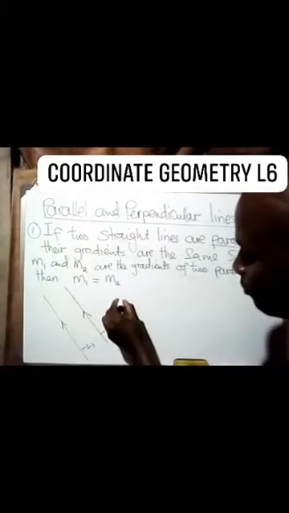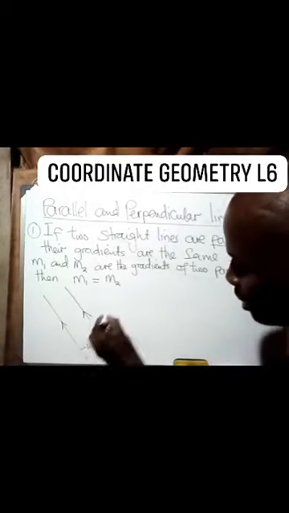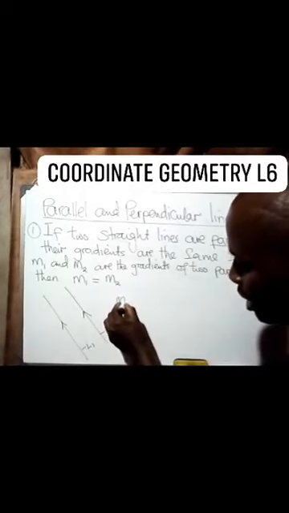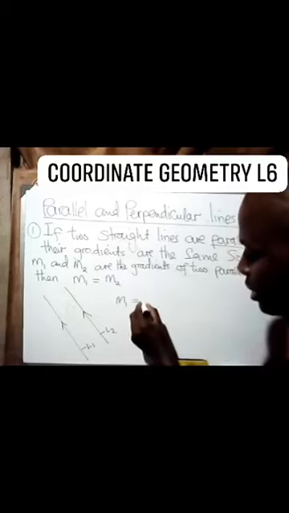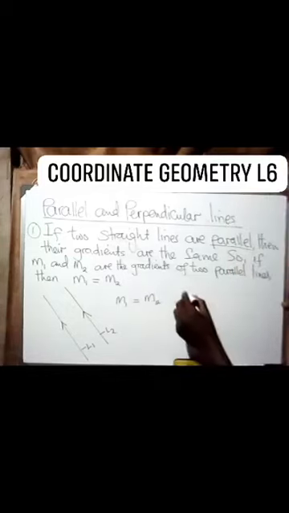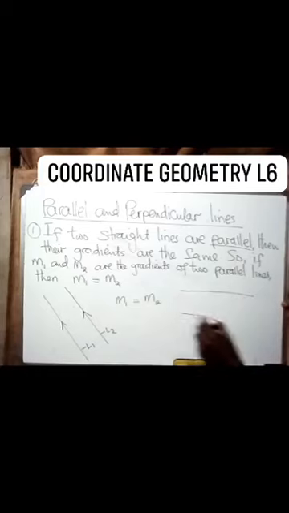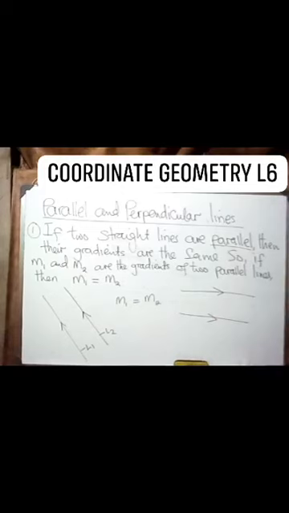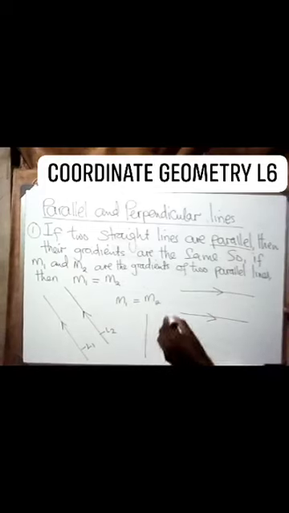So the gradient of line 1, meaning this line, is the same as the gradient of line 2. The parallel lines can also be like this. The horizontal lines, two parallel lines. Even if we do like this, these are also parallel lines.